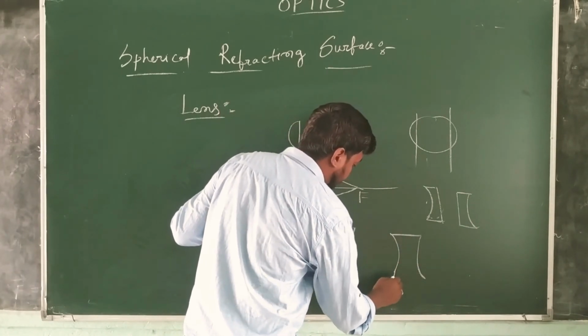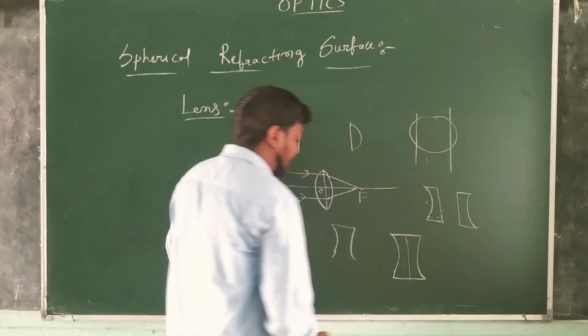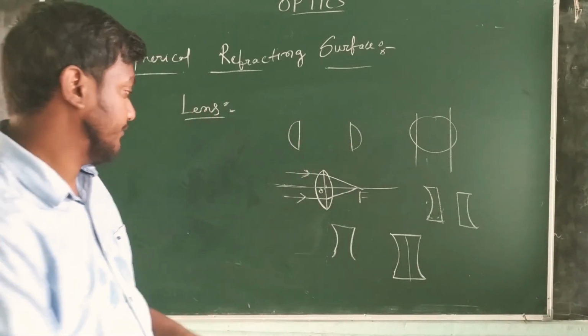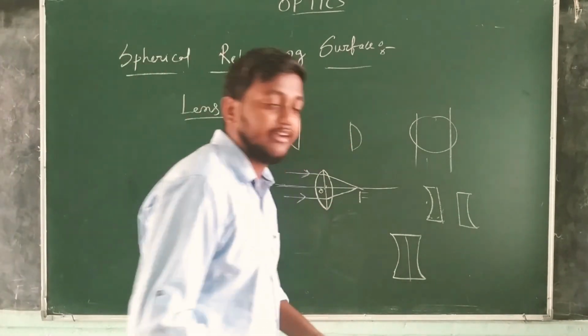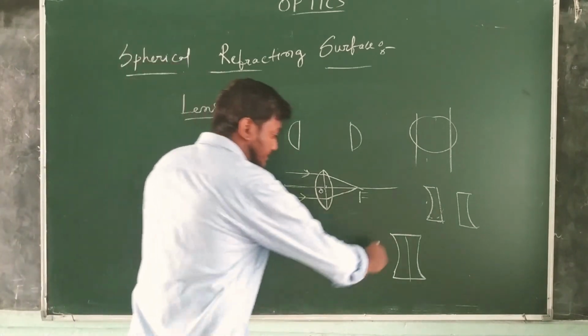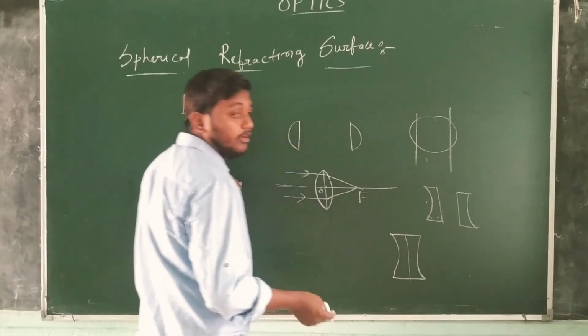It will be shaped like this. So this lens is called concave lens. Why concave? It has a caved-in structure.